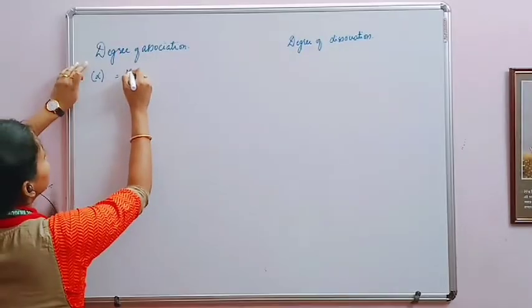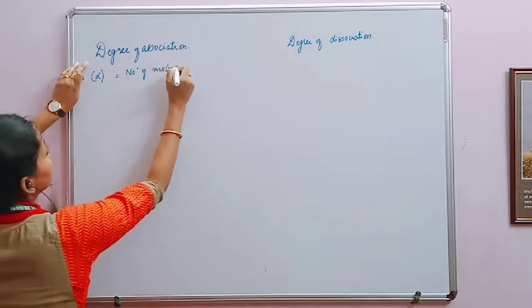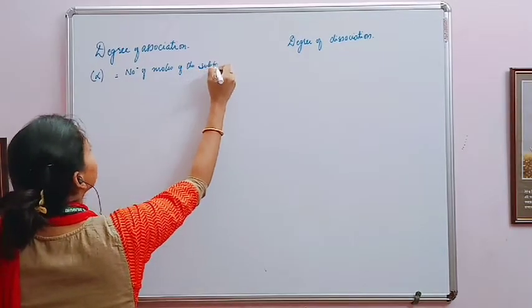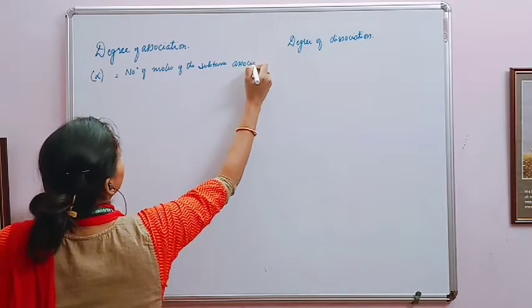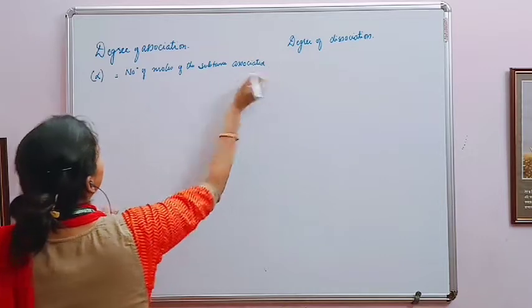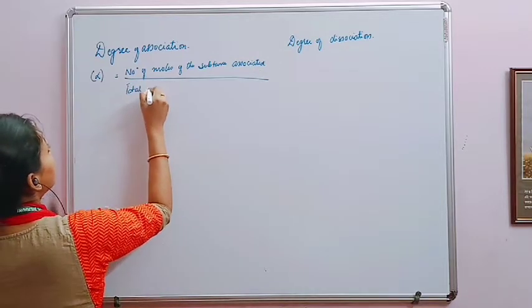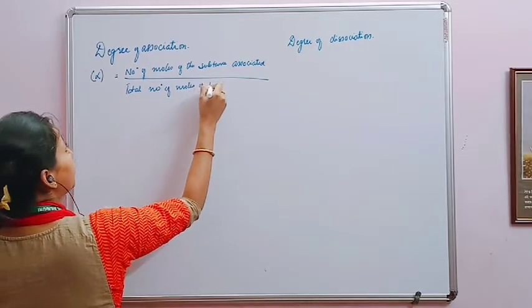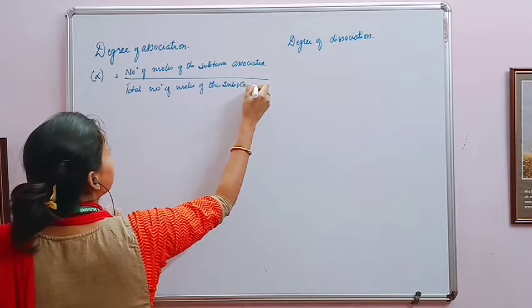The formula is number of moles of the substance associated, divided by total number of moles of the substance taken.